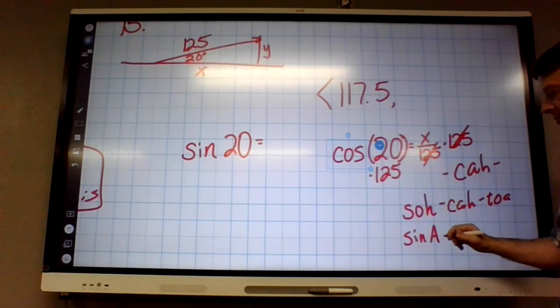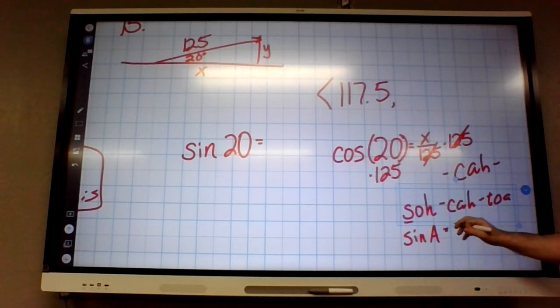Sine of the angle equals opposite over hypotenuse.